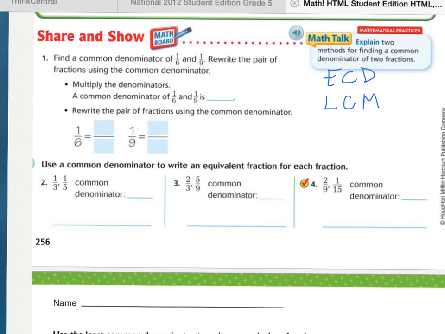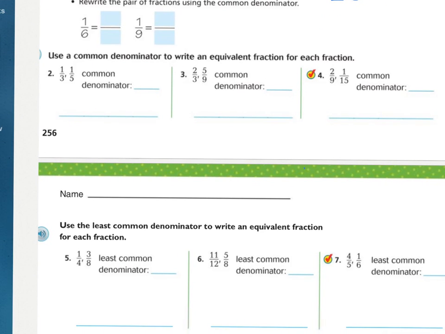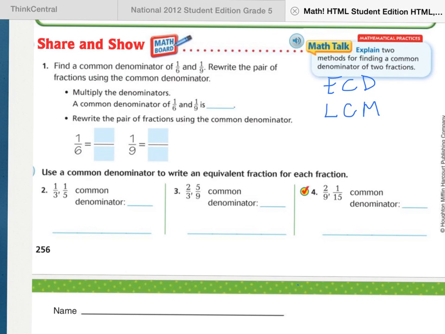For numbers 2, 3, 4, 5, 6, and 7, you're going to use one of the strategies that you choose to find a common denominator for just the denominators, the 3 and the 5 in number 2, and you're going to write down what that denominator will be, and then on this line you're going to write down what the equivalent fractions would be.